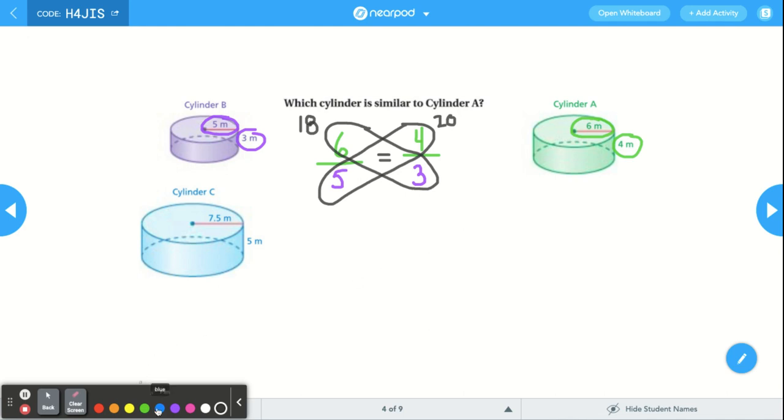Now let's go ahead and check the other cylinder, cylinder C. So we have the radius of 6 for the cylinder A. Compare that to 7.5 from cylinder C. And then the height of cylinder A compared to the height of cylinder C. All right, so let's check and see using the cross products if these two are the same.